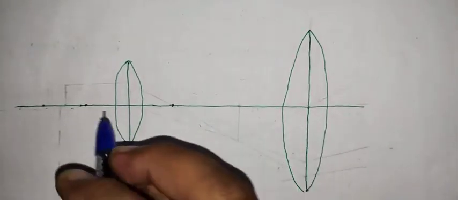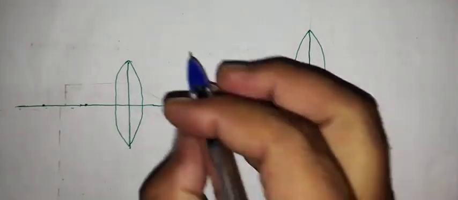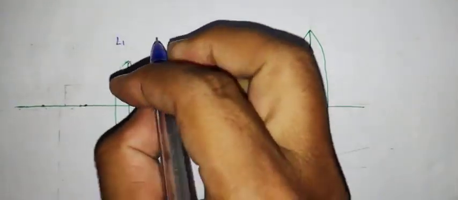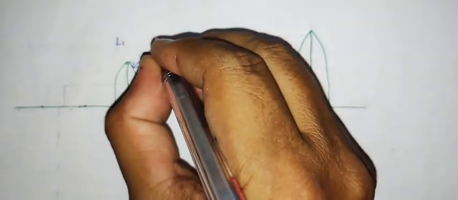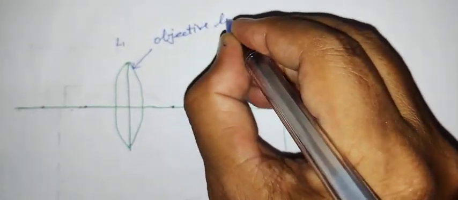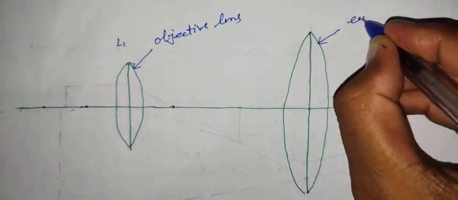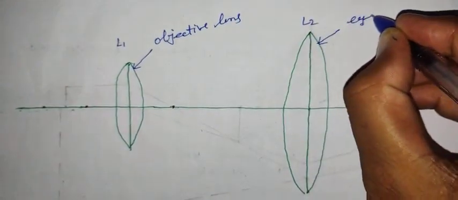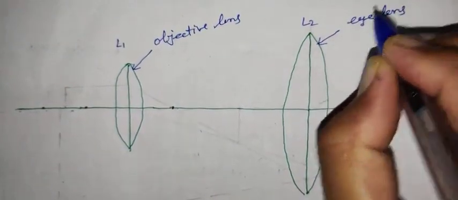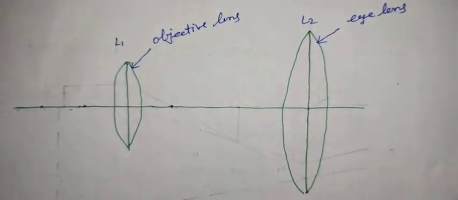Now see, in the tube, two lenses: L1 known as the objective lens and the second, L2, the eye lens. Two lenses are here.